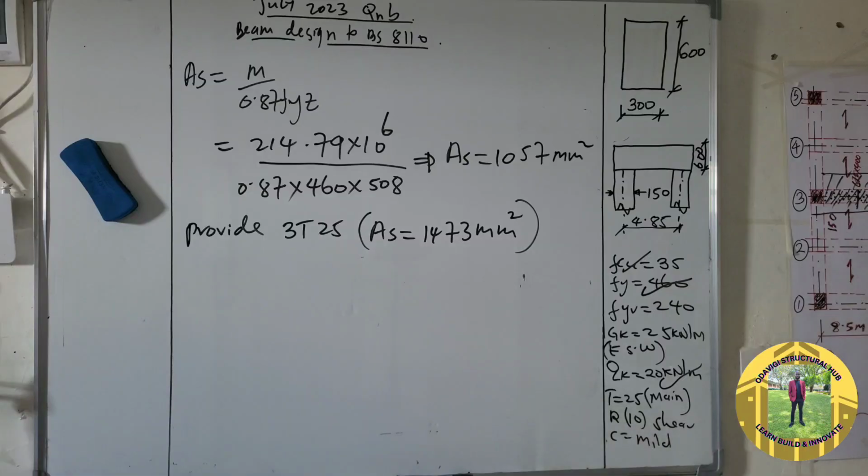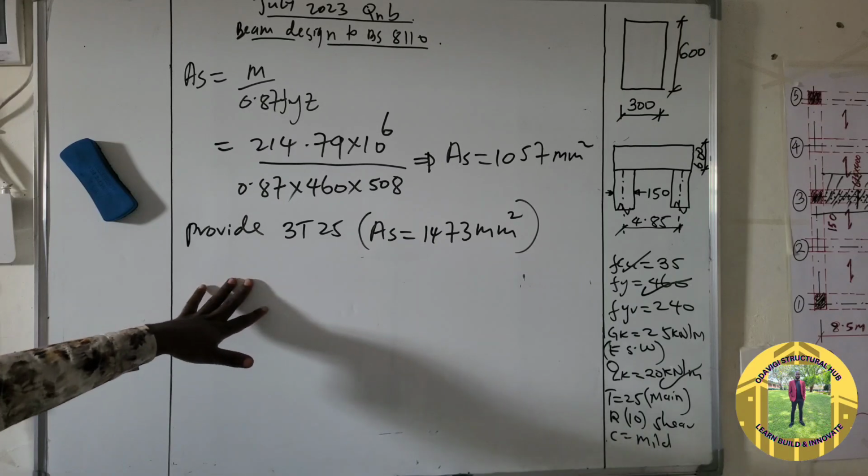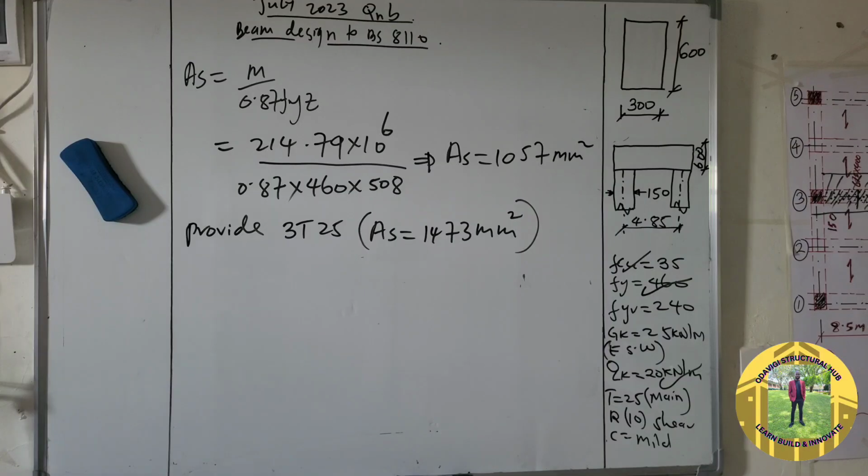So I assume you know how to convert this area into the number of steel and the size of the bar, but I will show you how to do it. For those who have been following my content, I'm very sure you know how to do it.